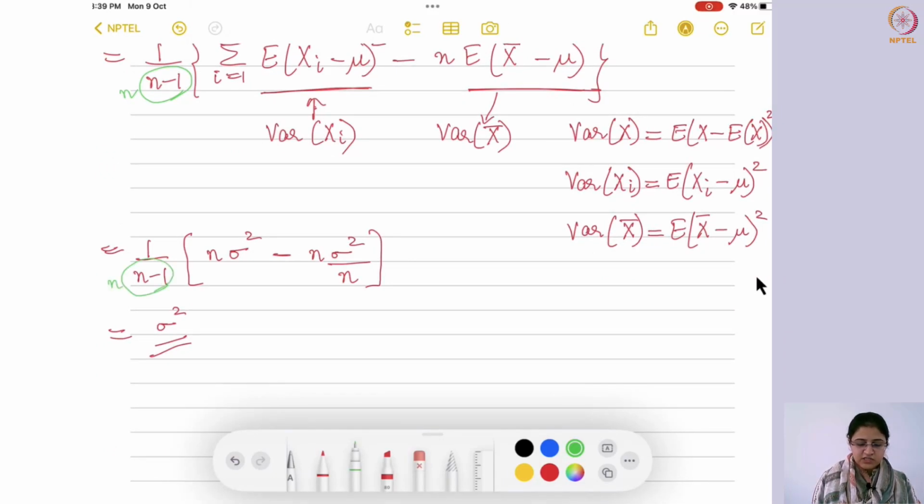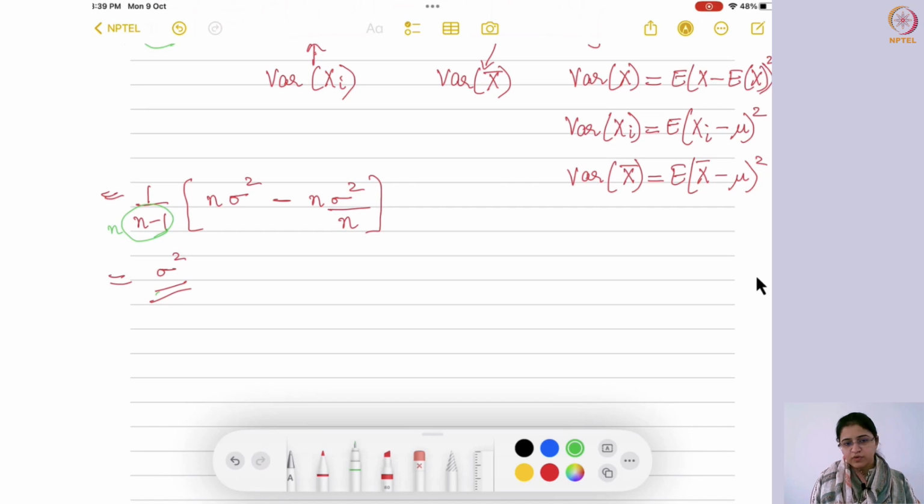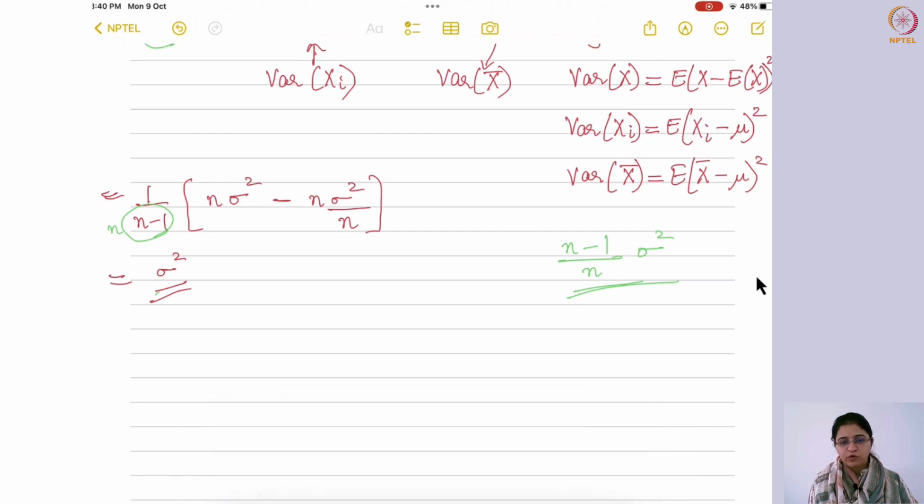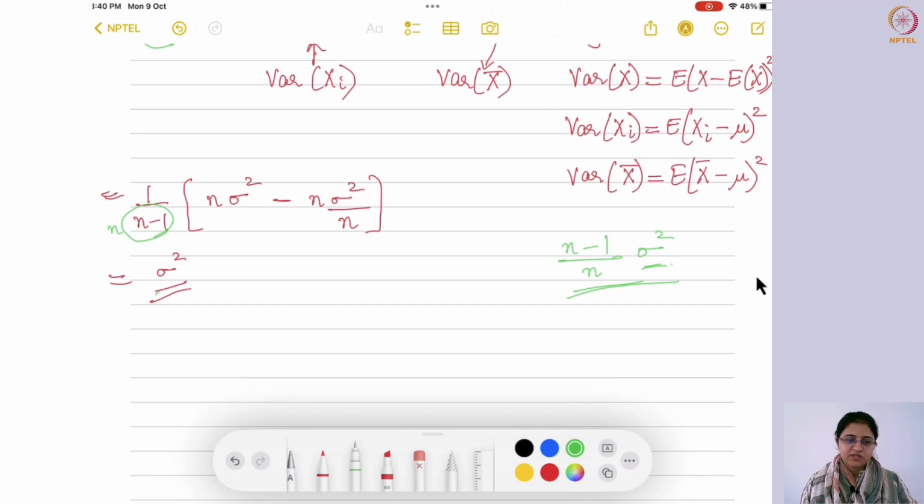Then in that case, you would not get sigma square as the final answer. You would have got n minus 1 over n times sigma square. Now, this would not be an unbiased property. Since we need it to be unbiased, this change has been made in the sample variance formula itself so that n minus 1 gets cancelled out and you are left with just the population variance.